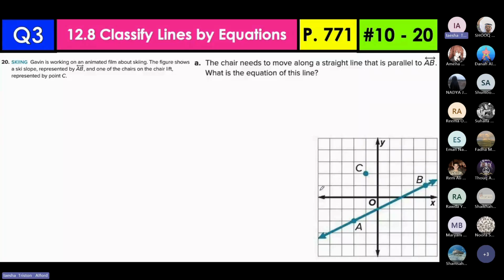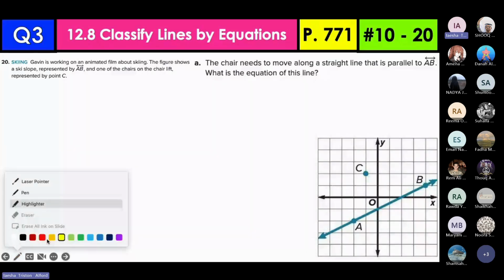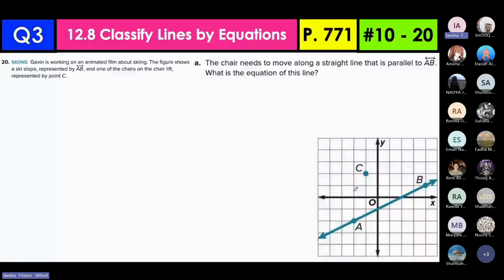So same thing we just did. We need to see what is the slope of line AB. So for this one, I'm not going to use the slope formula. I'm just going to do rise over run. So how can I get from A to B? I can go up 3 and write 1, 2, 3, 4, 5, 6.